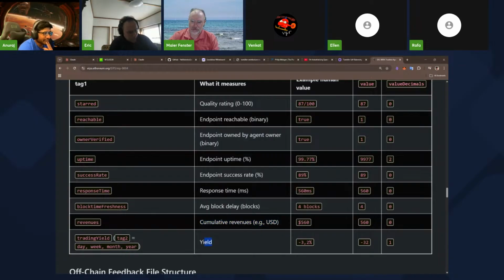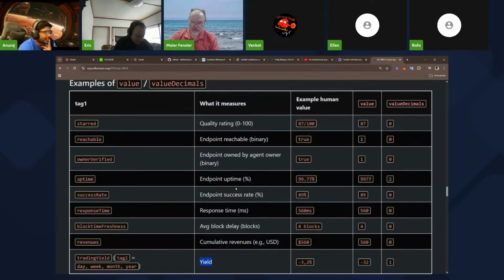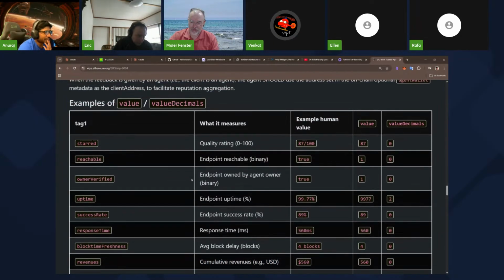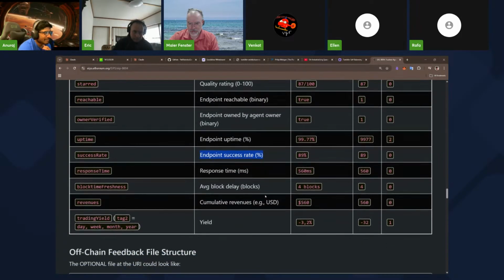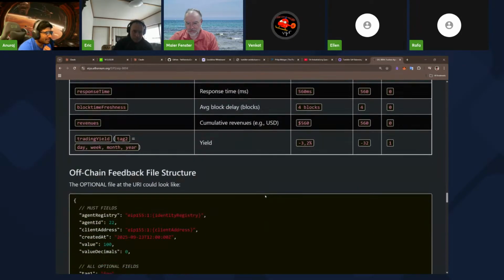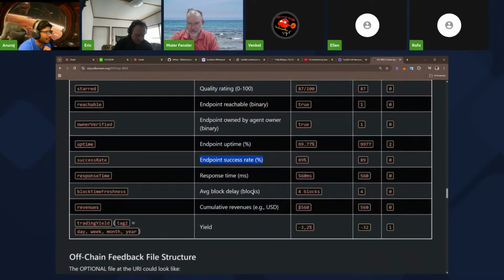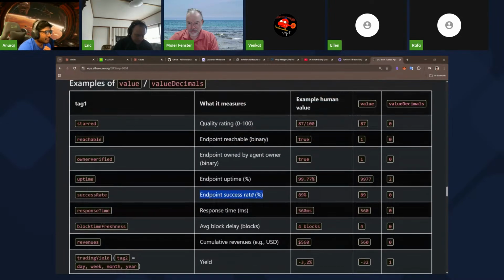I don't know what this is, but these are actually just examples. So it might actually be a good indicator of real-time or real capability as opposed to reputation, or maybe not. Wait, what are the things on the left column of the yield? Trading yield. Okay, no, that sounds actually like a financial yield metric.